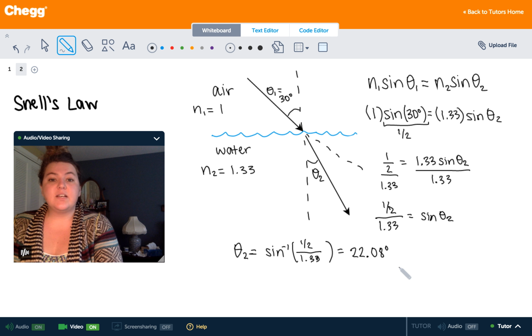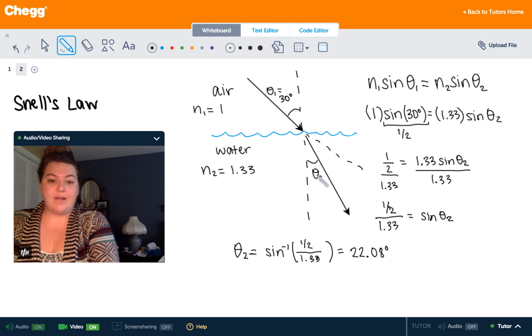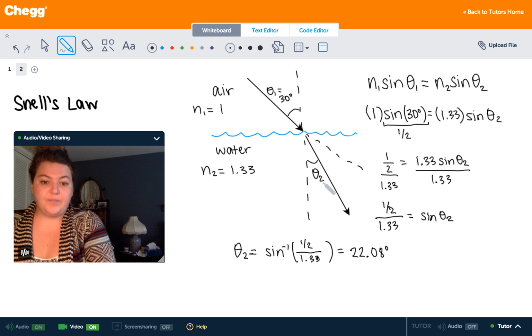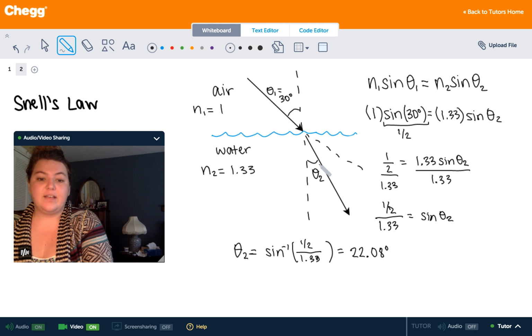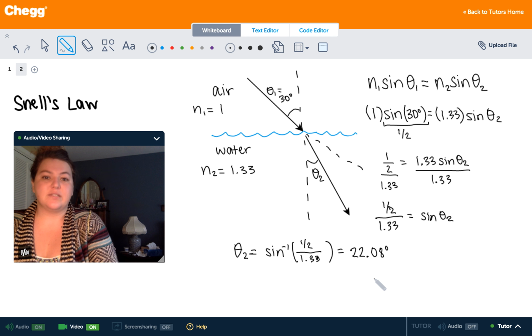So this gives us kind of an idea of how much that light ray slowed down, how much it was bent towards the vertical. So between the vertical and the new light ray, we have an angle of 22.08 degrees, whereas between the vertical and our incident light ray, we had an angle of 30 degrees. So that was deflected about 8 degrees towards the vertical.